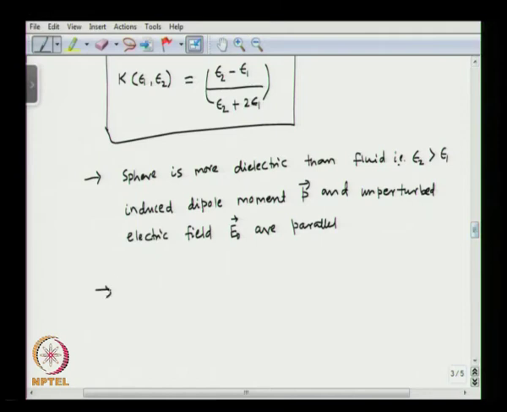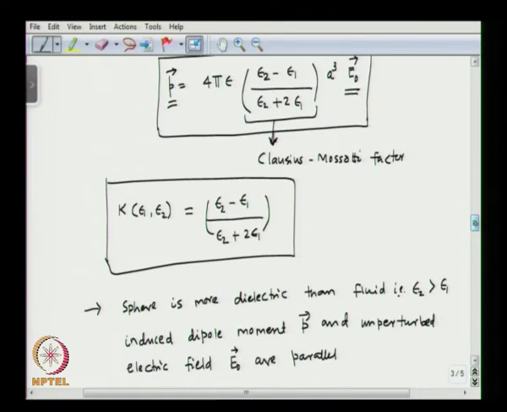and if the medium is more dielectric than the sphere, then the direction of the induced dipole moment and electric field are going to be antiparallel.